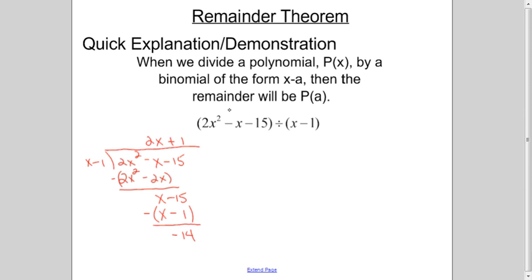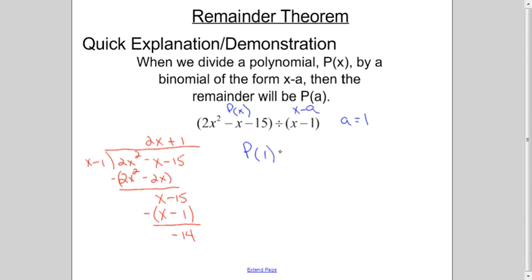If I call this p of x, the expression 2x squared minus x minus 15, and I call this x minus a over here, the expression x minus 1, I can see that by that model, a is going to be equal to 1. So the remainder theorem says to take the value from the binomial and evaluate it. So I'm going to do p of 1.